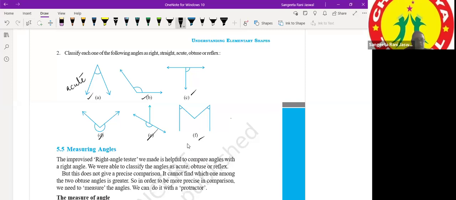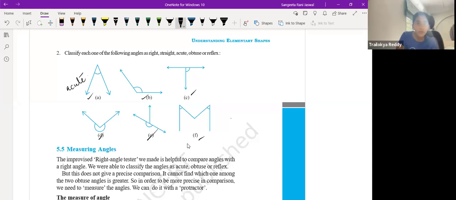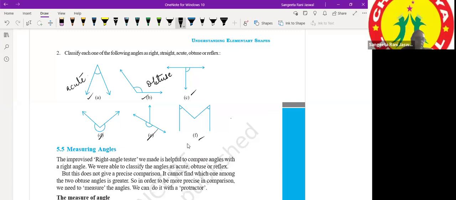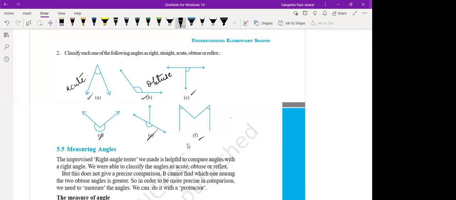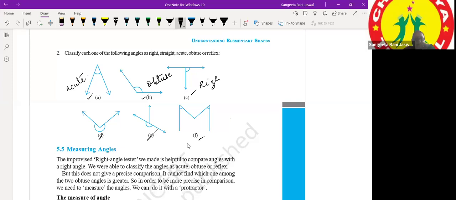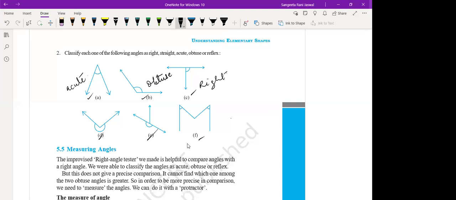Trilokya, tell me the next. Ma'am, obtuse. Nishika, tell me the next one. Ma'am, right angle. Neha, tell me the next. Ma'am, reflex angle.